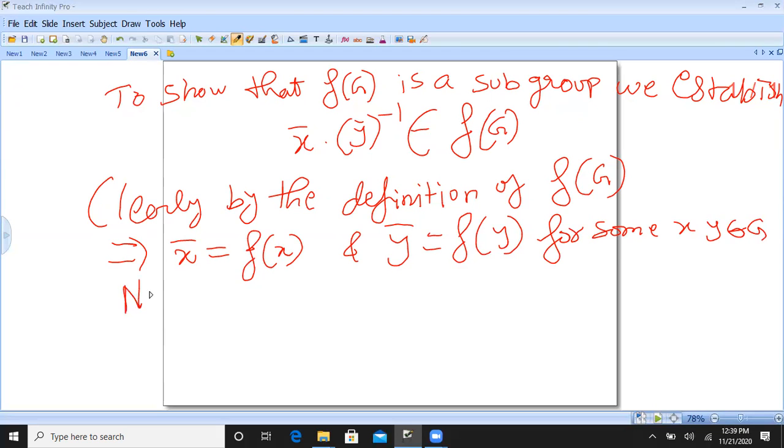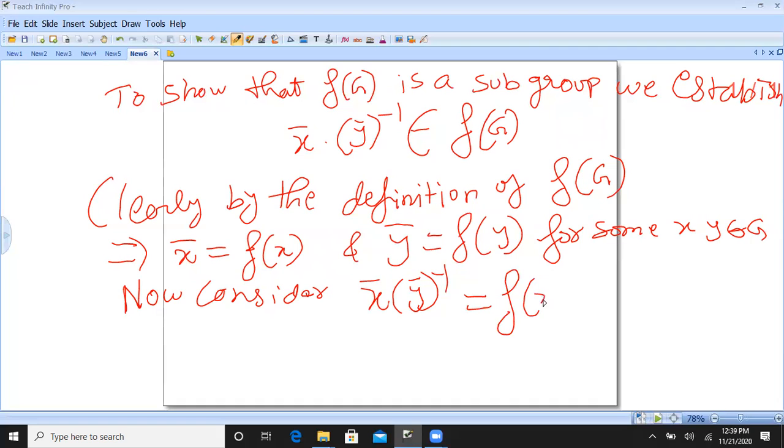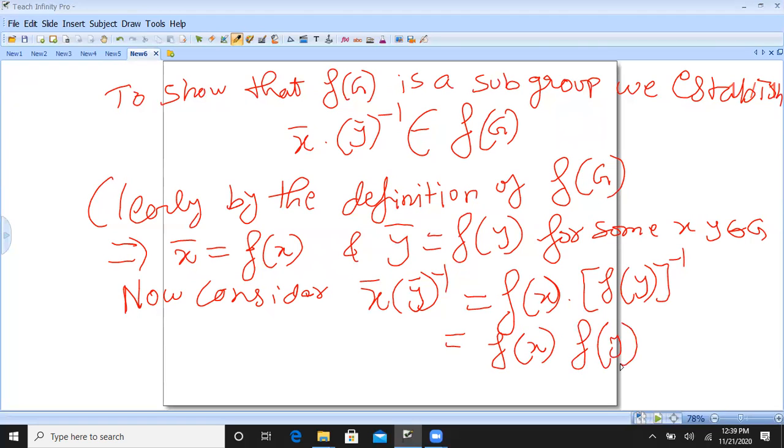Now considering x bar into y bar whole inverse is equal to f of x into f of y inverse, which is f of x into f of y inverse.